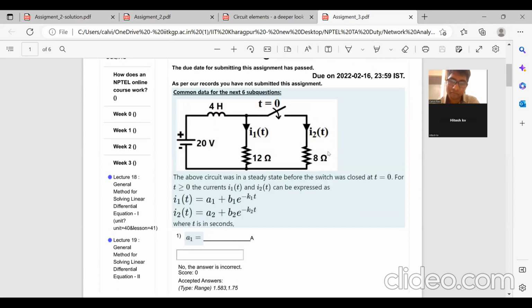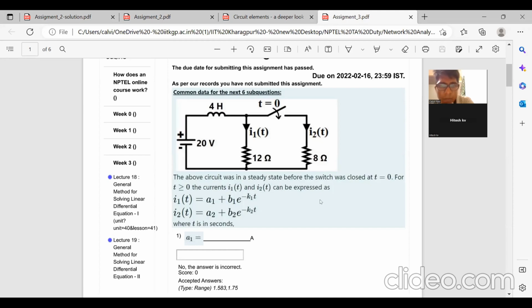First I'll apply a KVL loop and convert it to differential equation form, and I'll get the root m plus something. So a1 will be equal to a constant a1 into e power minus something, the constant that we get for the first mesh.